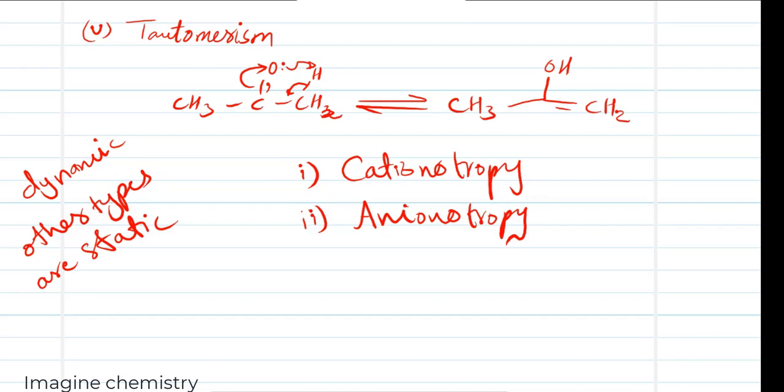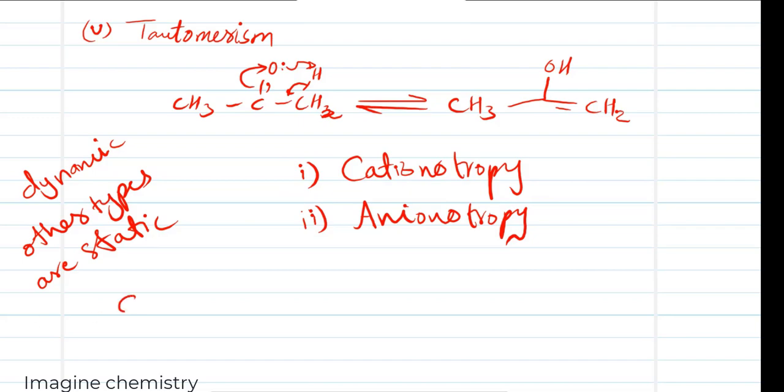Like in the above example which we have discussed, the moving group is a proton. The proton has a positive charge, it is a cation. So this example can be categorized into the cationotropy type. The second is anionotropy. As indicated by the name, the moving group in this case will be an anion.